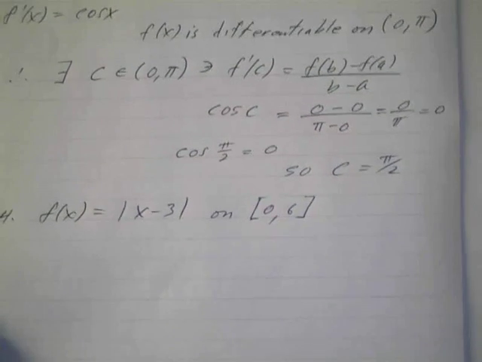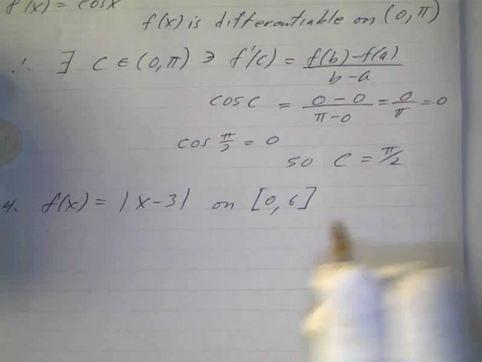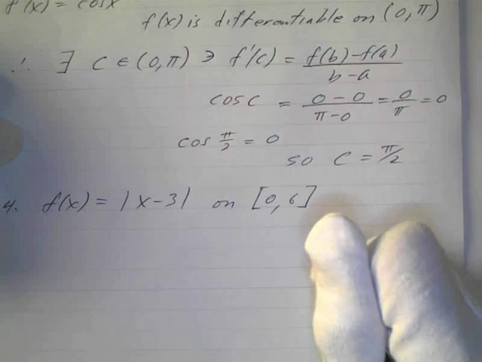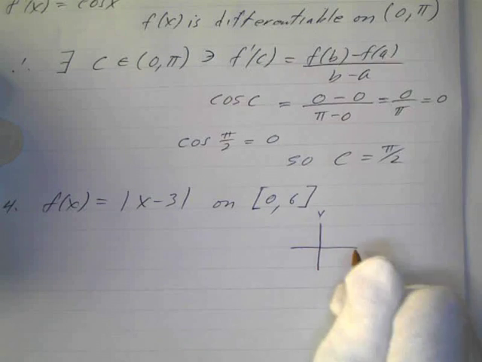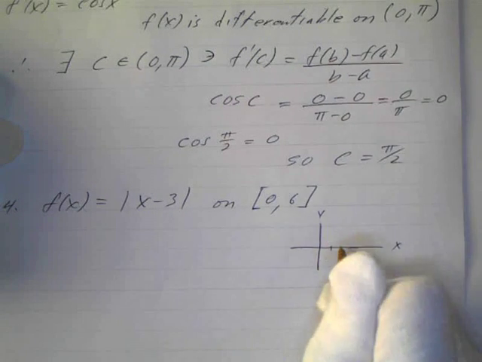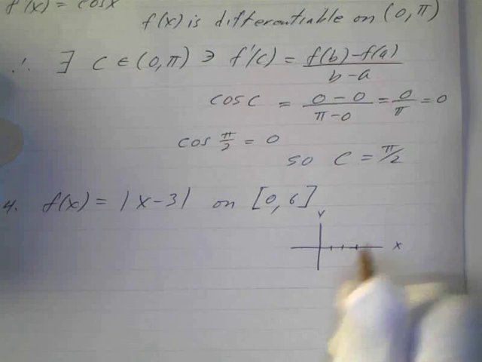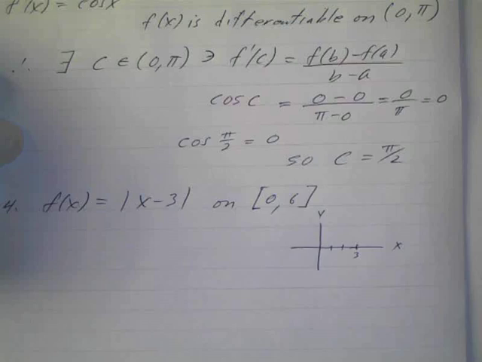And we know this is continuous, but this is our good old absolute value function. And this is going to be shifted 3 units to the right. That's why you have to know these parent functions. So this is going to be shifted 3 units to the right. It's going to look something like this.